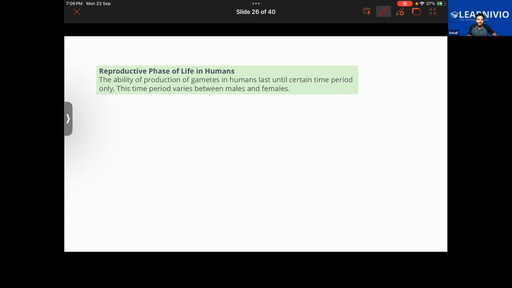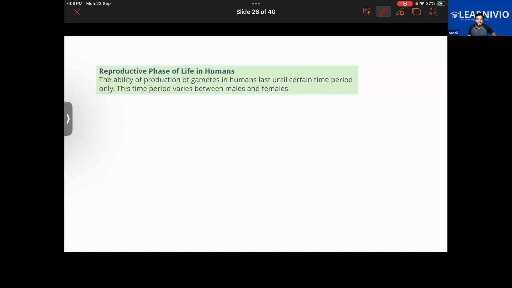Because in the case of the females, the hormone production will decrease by age. We know that hormones like progesterone are responsible for the development and maintenance of the female reproductive organ. And the same is in the case of the male, that a hormone like testosterone is responsible for maintaining and regulating the function of the male reproductive organs.